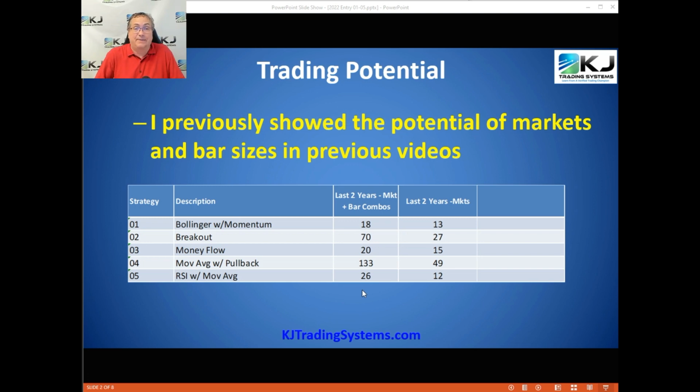And when you looked at the combinations, 18 combinations of markets and bar sizes. Where if you look at entry number 4, the moving average with pullback, you got 133 combinations in 49 different markets. So on some bar size that I tested, the moving average worked on almost every single market. So that's kind of neat.